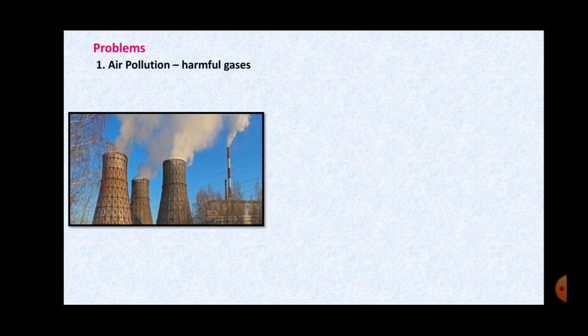Now, air pollution takes place due to the burning of coal, because coal is burnt, and this produces very harmful gases like carbon dioxide, sulfur dioxide, nitrogen oxide, which are very, very harmful for the living organisms. So this is the first disadvantage or first problem of thermal power plant.